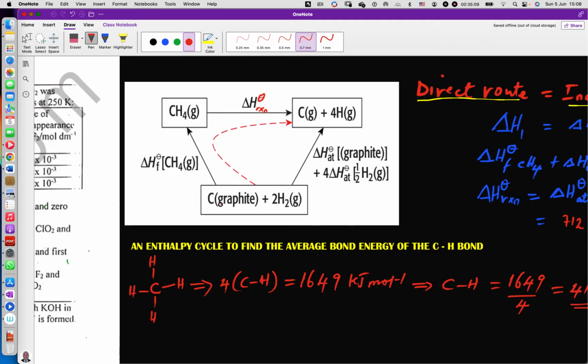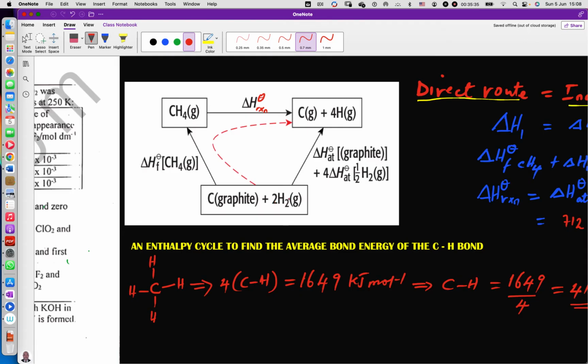There is carbon here, to atomization. This is hydrogen, atomization, the enthalpy of formation of methane, and the reaction from this to this. We want to use this enthalpy cycle to find the average bond energy of the C-H bond. According to Hess's law, which one is the direct route?